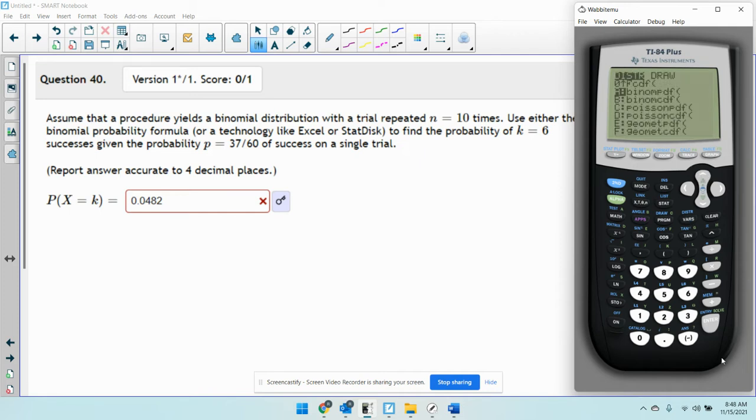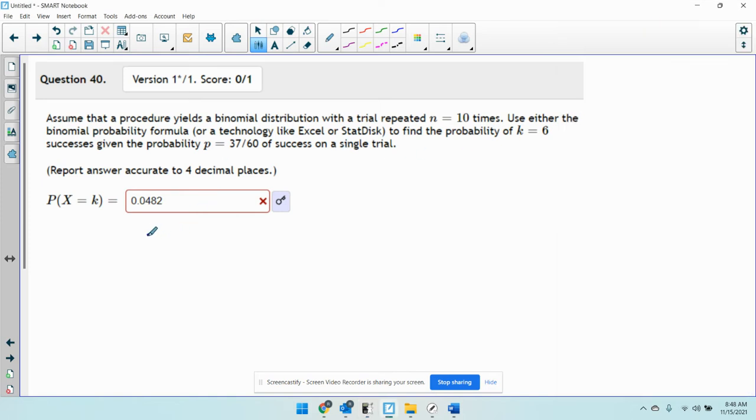Distributions, binomial PDF. We have 10 trials. My success rate, just plug it in as a fraction, 37 divided by 60. And I want to know the probability that k is 6. So I get 0.2493697. 4 decimal places will be 0.2494.